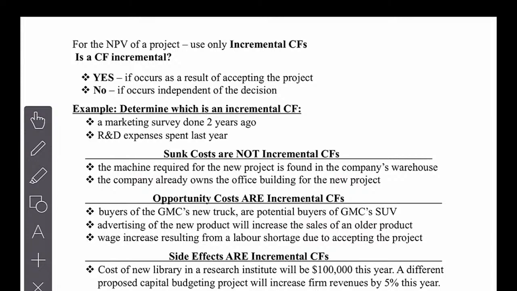So when people show up, well, women do this, I don't know about guys, but when customers show up to buy the rinse, they'll also grab a bottle of the shampoo. So by creating this new special rinse for the hair, some gloss, the customers might buy the conditioner and the shampoo as well. So advertising of a new product will increase the sales of an older product. That's a side effect that you can consider.